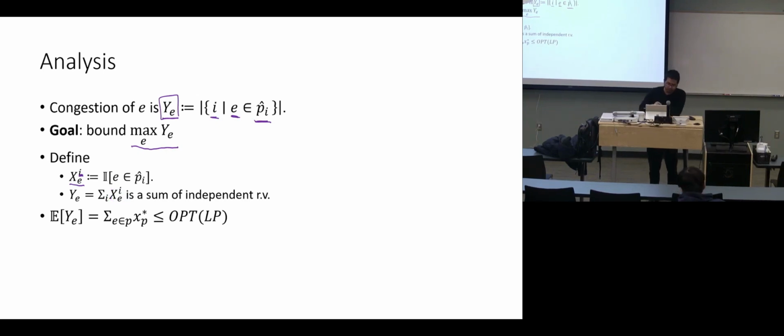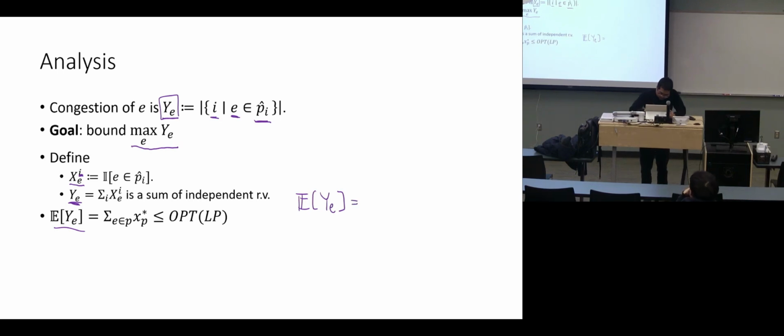Now Y_e is something that we can use Chernoff bound on. Before we use Chernoff bound, we just need to bound the expectation. And the expectation of Y_e is what?